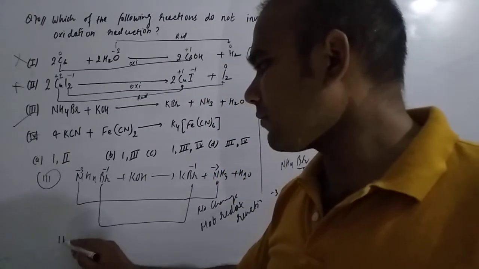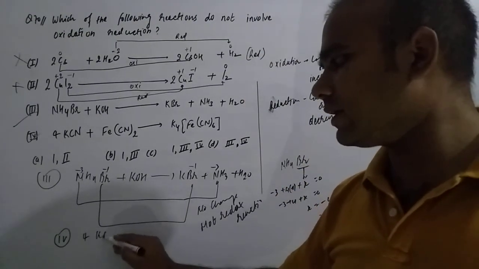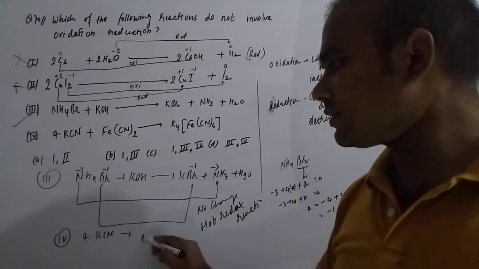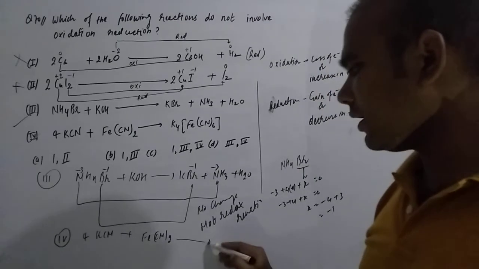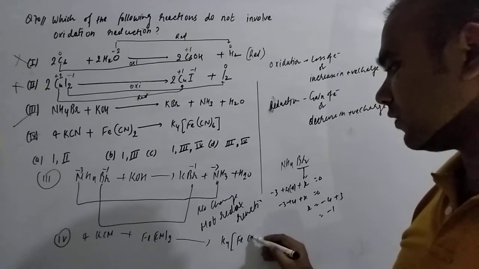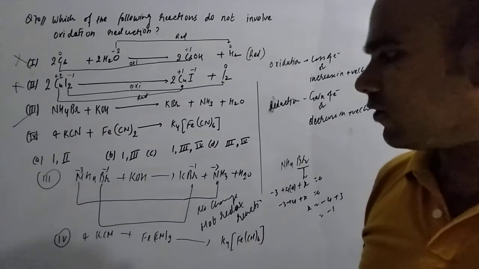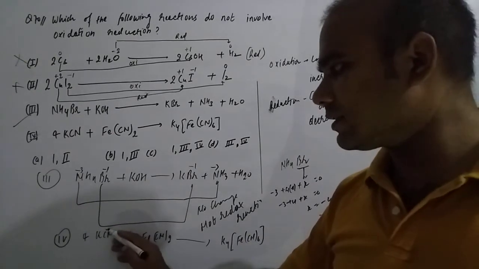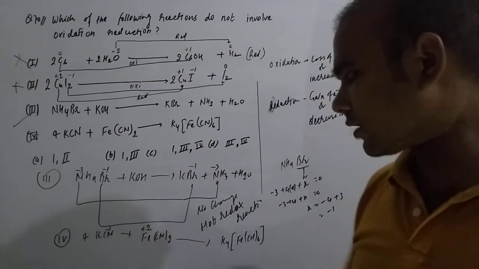So the fourth one, I am writing here, student. Let us see what is there. 4KCN, student, is reacting with FeCN2. It is giving K4FeCN6. In K4FeCN6, cyanide ion is -1 and Fe is +2 oxidation state.